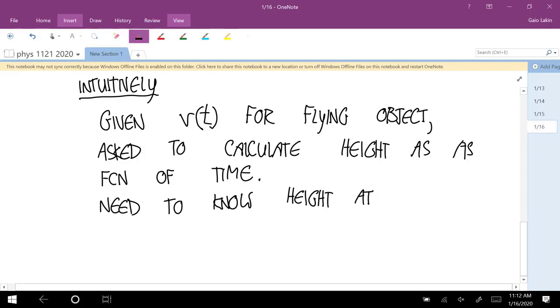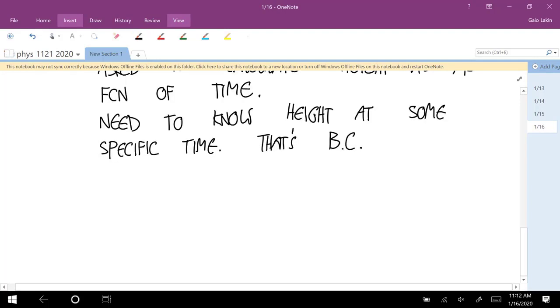So in order to do this calculation, you need to know the height at some specific time. And that's the boundary condition. Okay, so let me do an example.